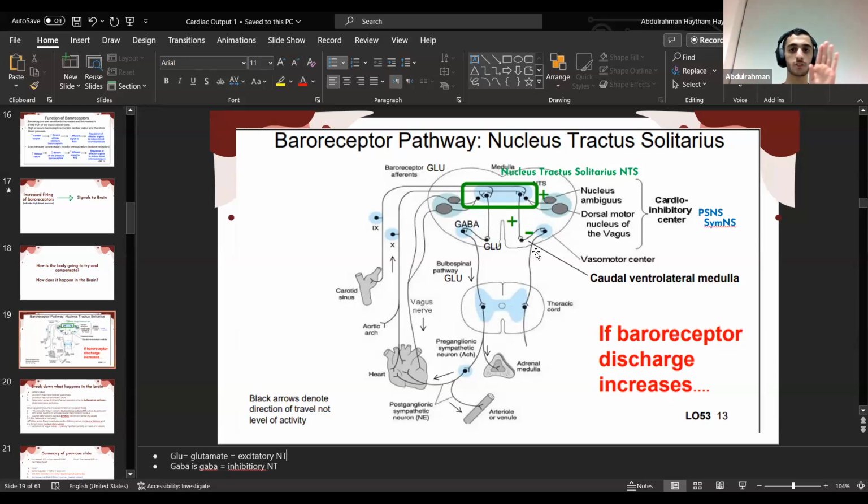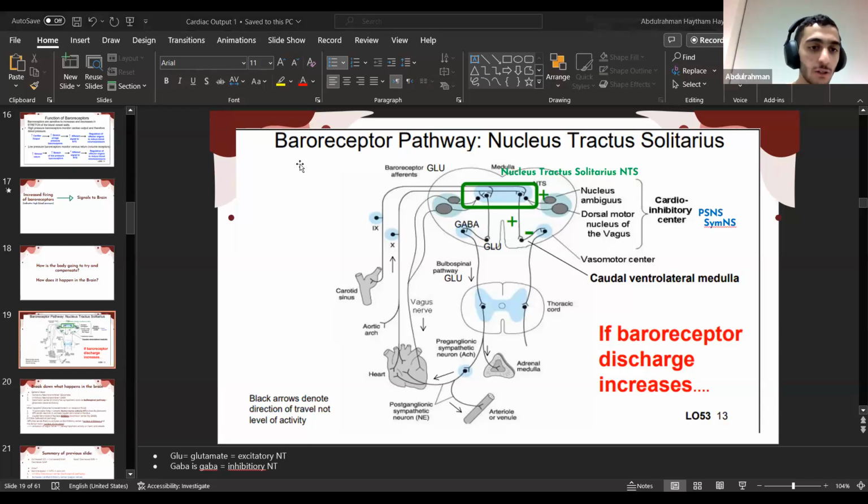Now we have the caudal ventral medulla, it's active. It wants to talk to the vasomotor center and deactivate it, so it sends a GABA. So we got three guys: there's one, there's two, and then there's three. Did that make it clear to you? Yes. Okay, thank you. If you don't understand it, I can explain it again, you can send me a text and I'll explain it again, just so that we don't take much time on it.